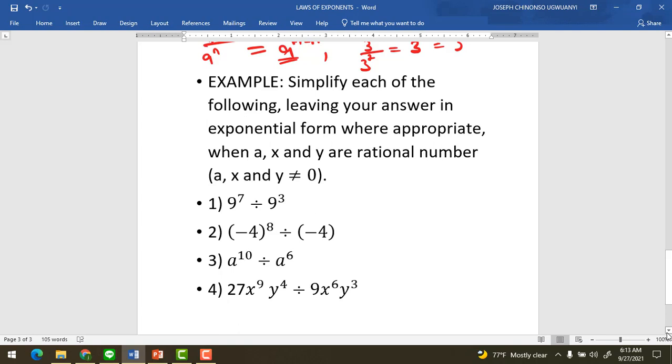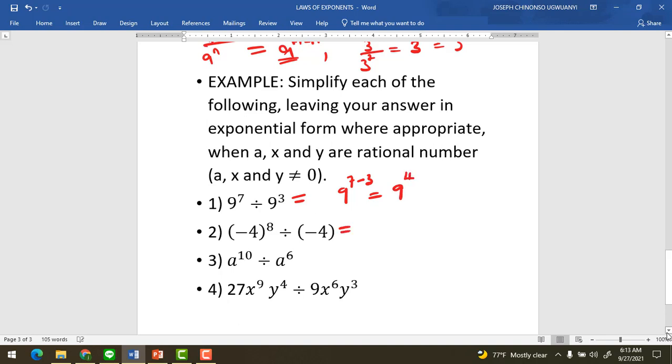So we go for the first one. We have 9 exponent 7 divided by 9 exponent 3. This is equal to 9 exponent 7 minus 3. 7 minus 3 is 4, so this is 9 exponent 4.